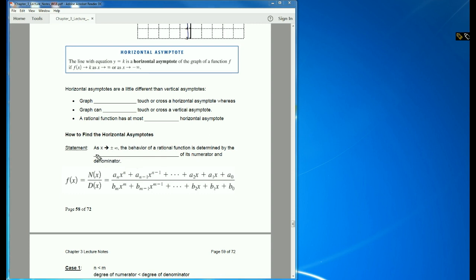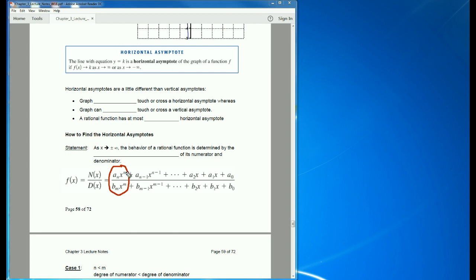Okay, so again, the ratio of its leading terms. So that means this. These are the leading terms of the numerator and the denominator. So this over this is the ratio of the leading terms.